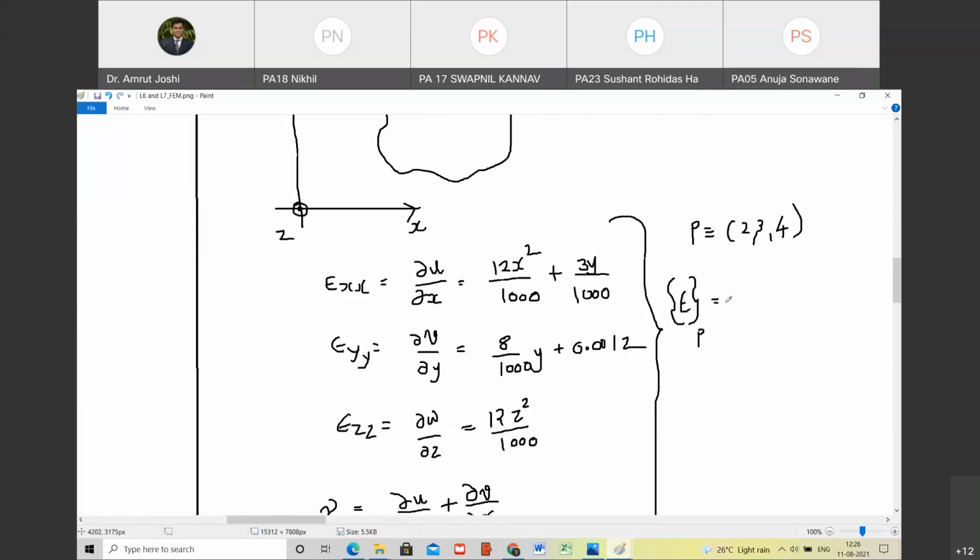Its first element is epsilon xx. What is the value of epsilon xx? Substitute x equal to 2 and y equal to 3 and tell me the answer. 0.057.